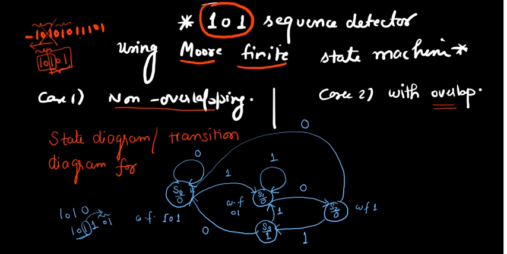The only difference is that this one will be considered as the input to the next detection. So let's make the state diagram for the overlap case here.